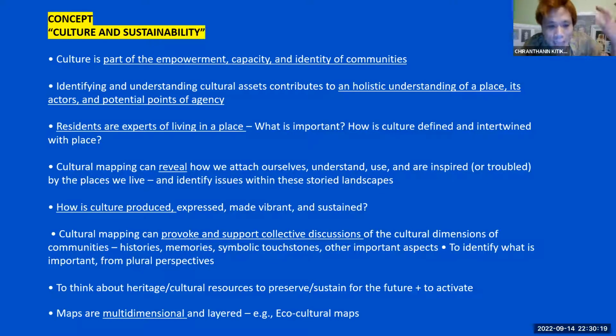Six, that cultural mapping will provoke and support the collective discussions for sure. Your collective memories as the cultural mapping will empower and also give a new thing, which provokes people who are gathering, the participants. Whoa, I have no idea what our city looks like, what our communities look like.